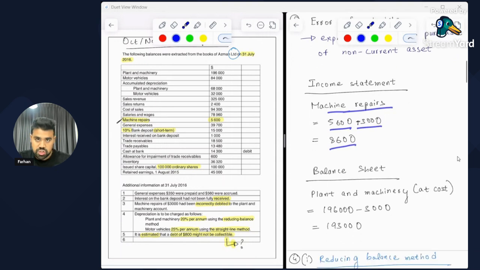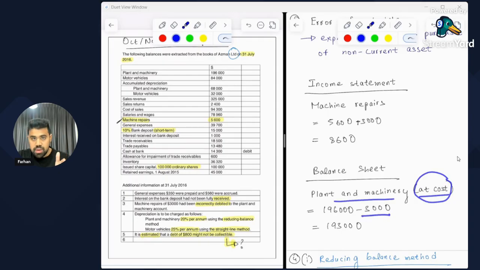Then in the balance sheet, when you show the plant and machinery at cost, we're talking about the cost. What you need to make sure is you deduct the $3,000 that you mistakenly added before. That's what additional information number 3 says.